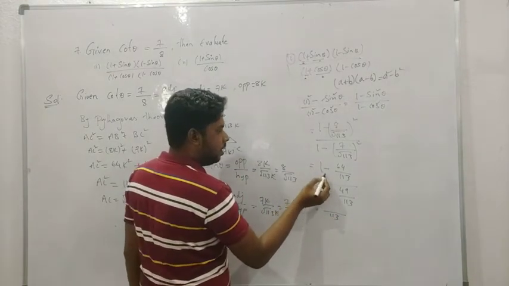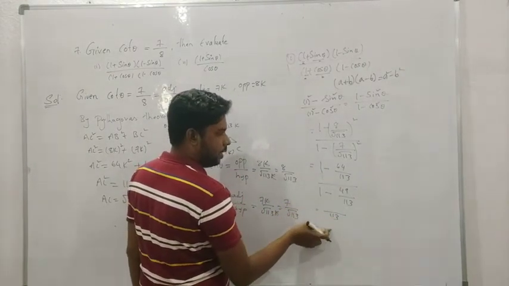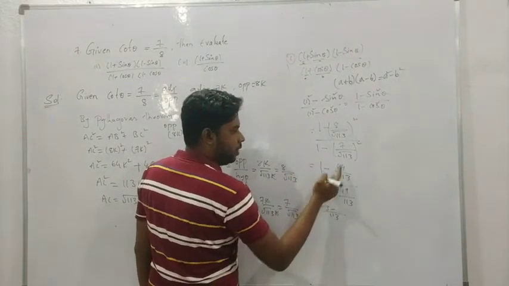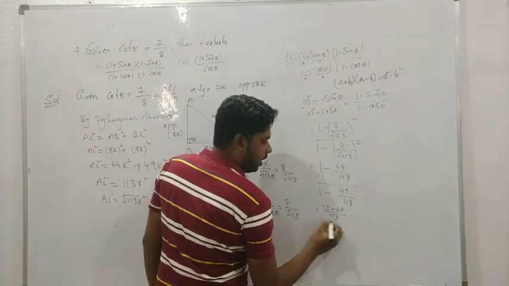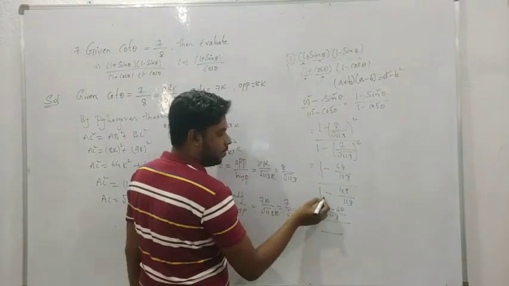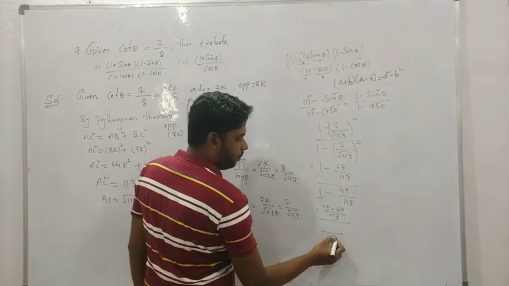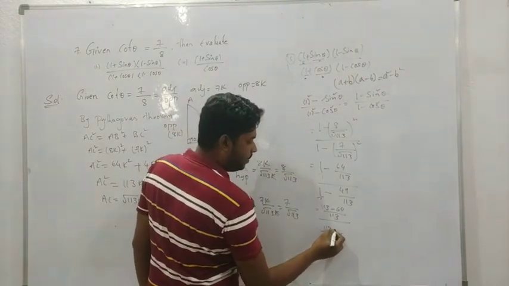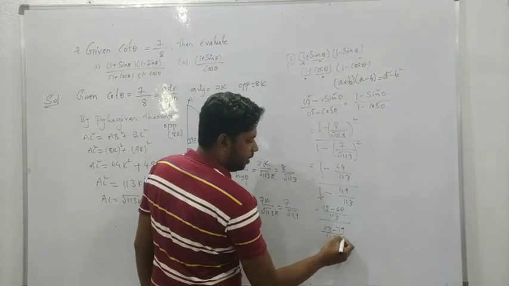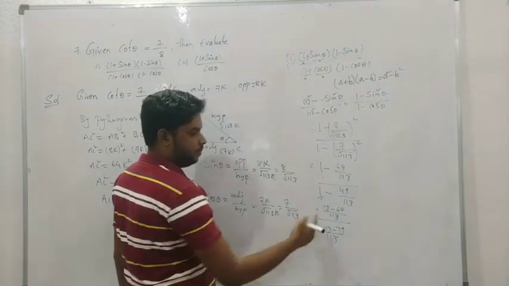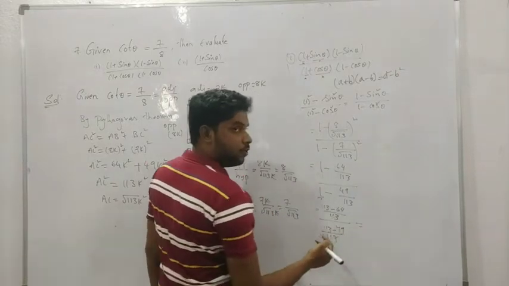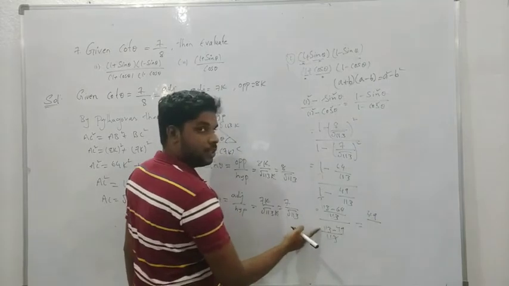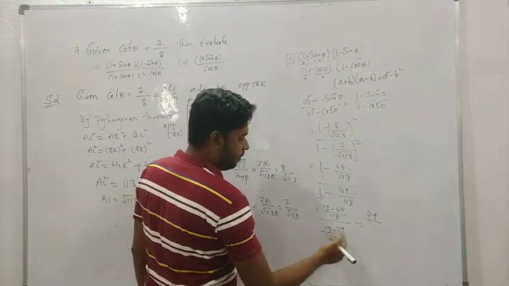Cross multiply: 1 into 113, 113 minus 1 into 64, 64, divided by, similarly take the LCM in the denominator, same 113. Cross multiply: 1 into 113, 113 minus 1 into 49, 49. This 113 gets cancelled. 113 minus 64 gives 49, divided by 113 minus 49 gives 64.